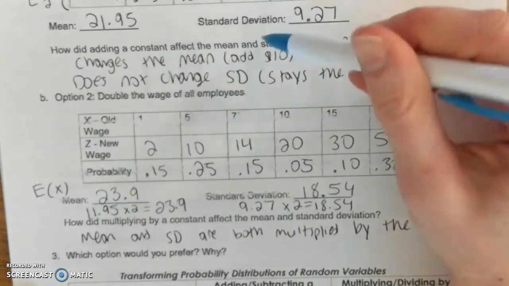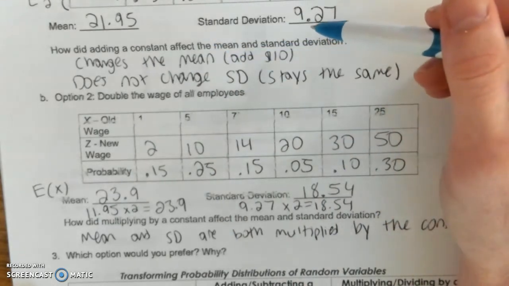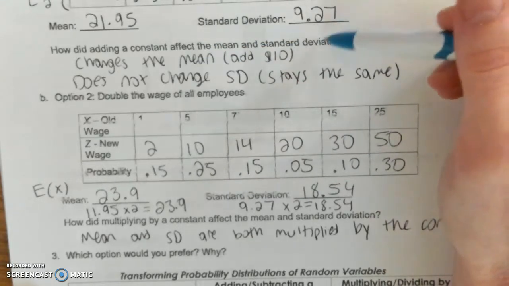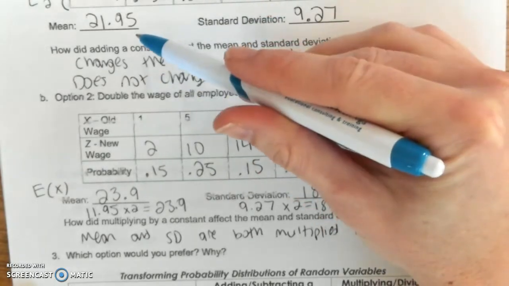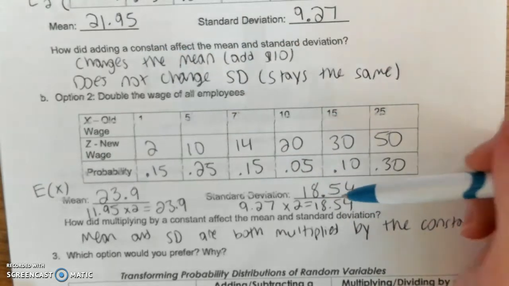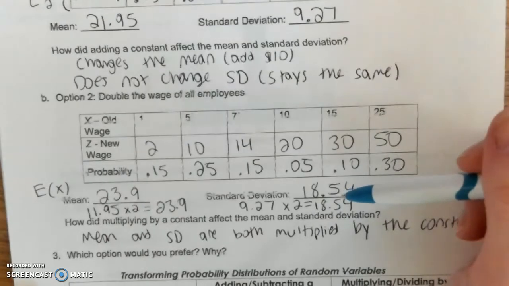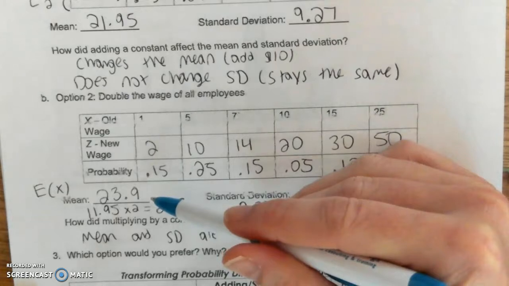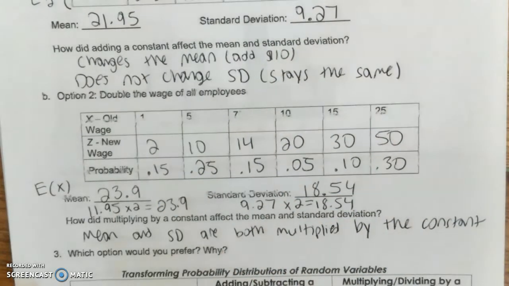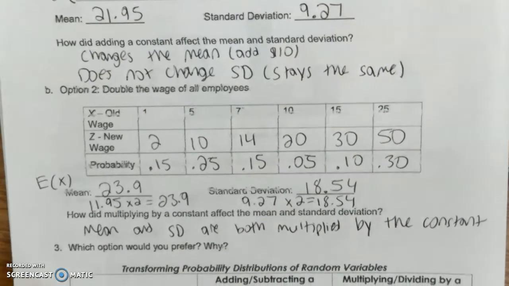In option 1, where the mean is a little bit lower, your standard deviation is $9.27, right? So for the most part, 68% of the data is within one standard deviation of this mean, versus look how spread out this data is. So it could be very variable. You could make much lower than $23 or much higher. So I guess it just depends on how risk averse you are about what option you prefer.